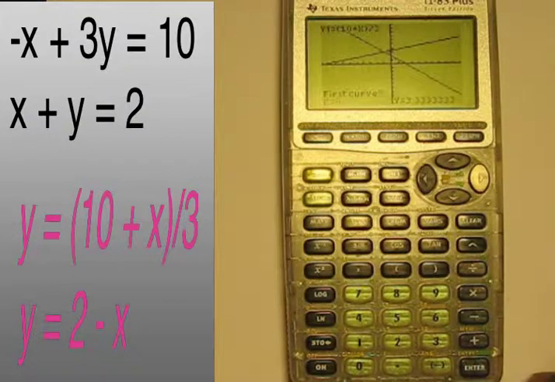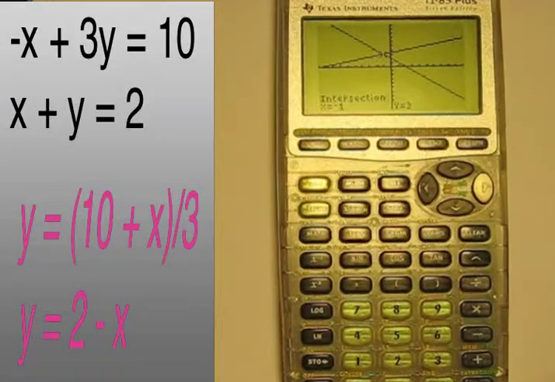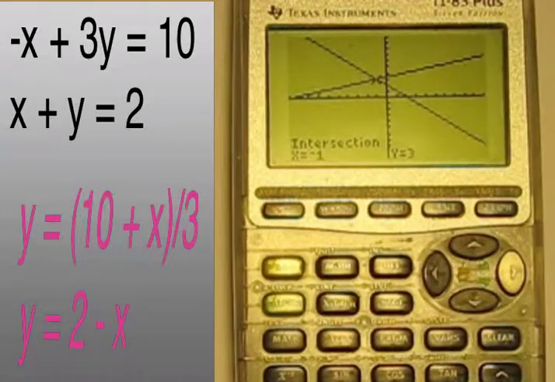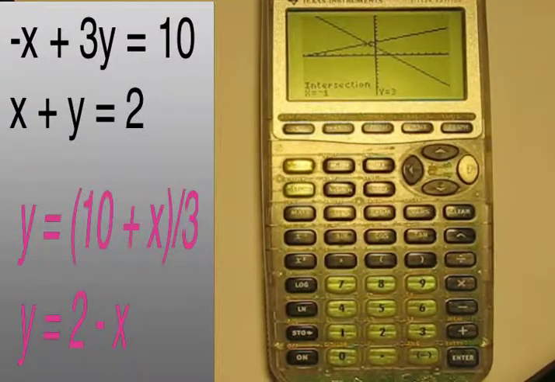Hit enter. It says first curve, enter, second curve, enter. Guess, enter. It's not really guessing, it's doing a calculation. But when you hit enter, you see the intersection comes out to be x equals -1, y equals 3. So that's how you would input this information into a graphing calculator and find the solution to this system of equations.